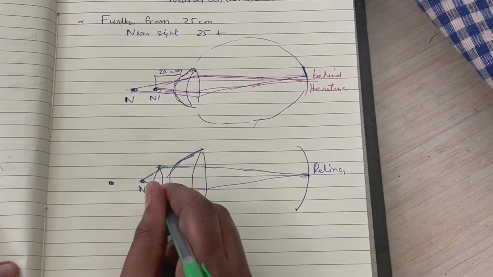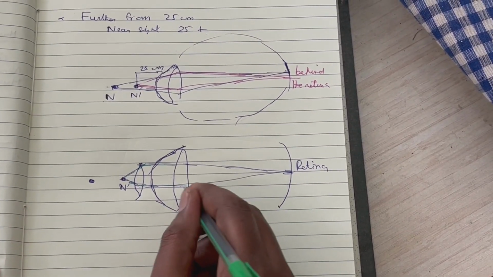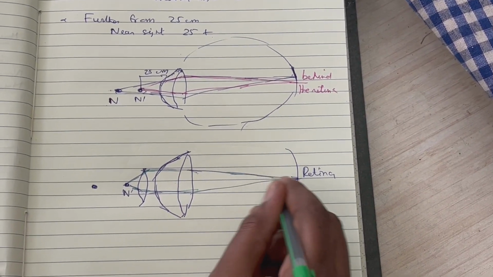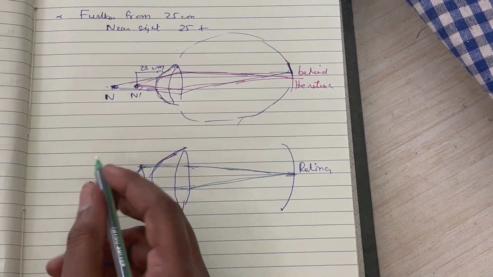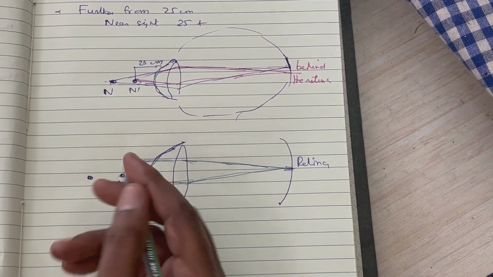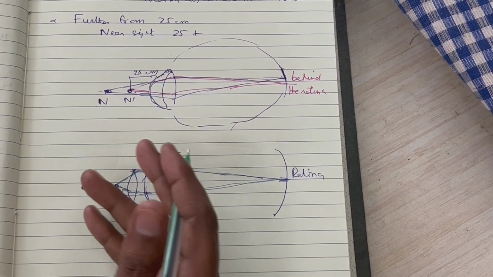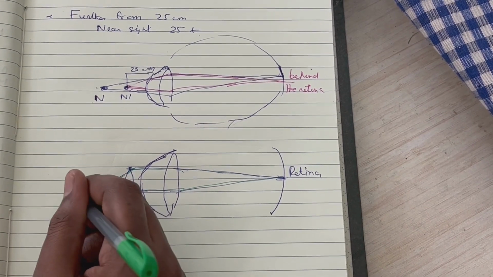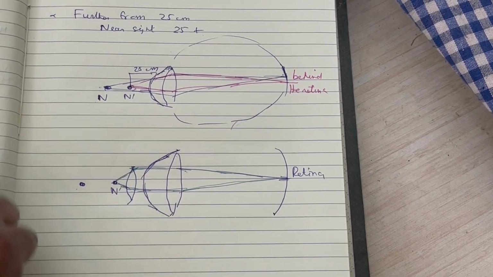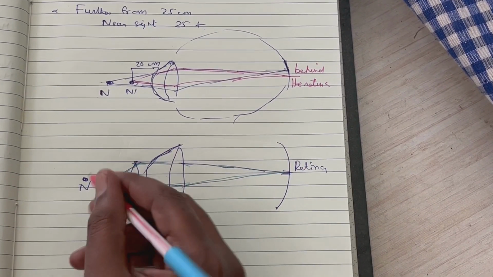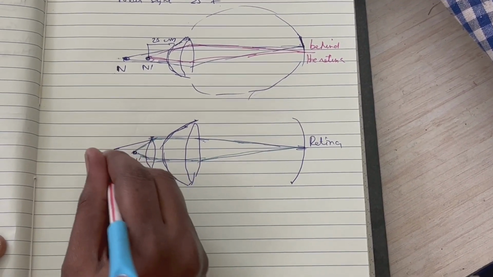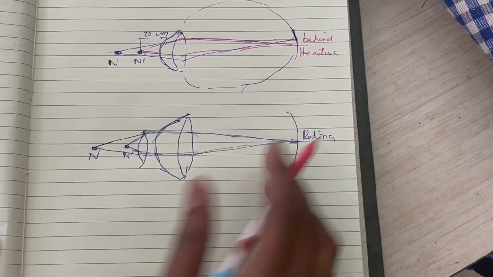So you are using a convex lens, and you can see that the image is getting formed on the retina. And obviously the object which is beyond that 25 centimeters, which we have already denoted as N, is clearly visible. It's also obviously clearly visible.